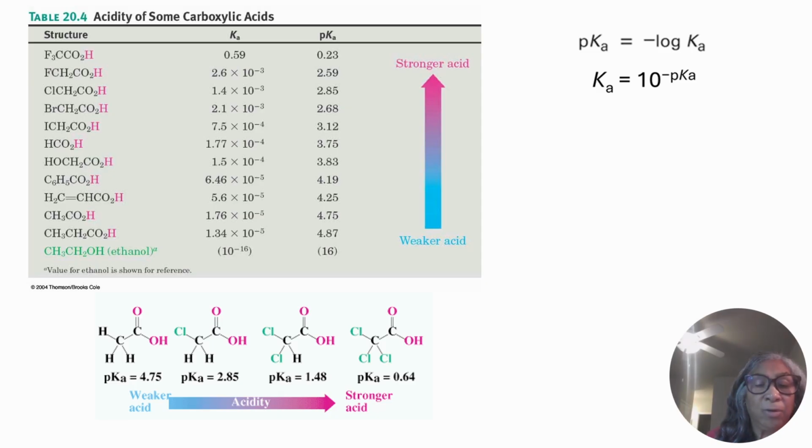We start with acetic acid with a pKa of 4.75 as a weak acid, but by replacing hydrogens and bringing in chlorine atoms, we have a more electronegative atom, chlorine, now pulling electron density, making it easier to donate the proton on the OH. Now we started with a pKa of 4.75 and ended with a pKa of 0.64. The message is that the lower the pKa, the stronger the acid.